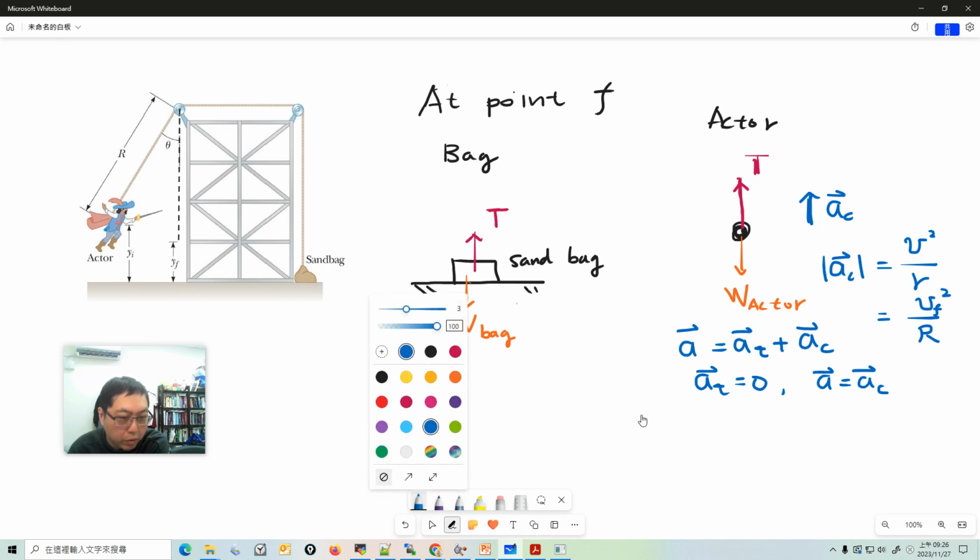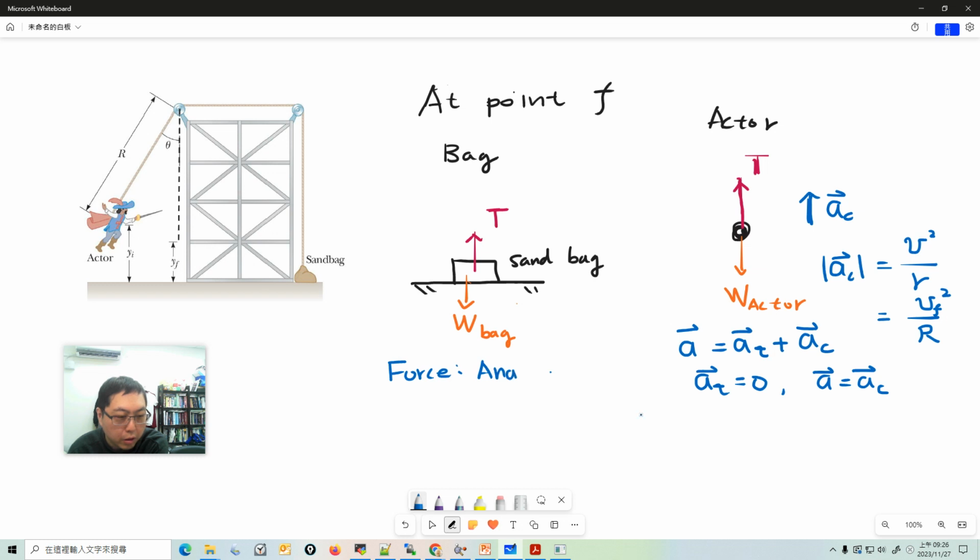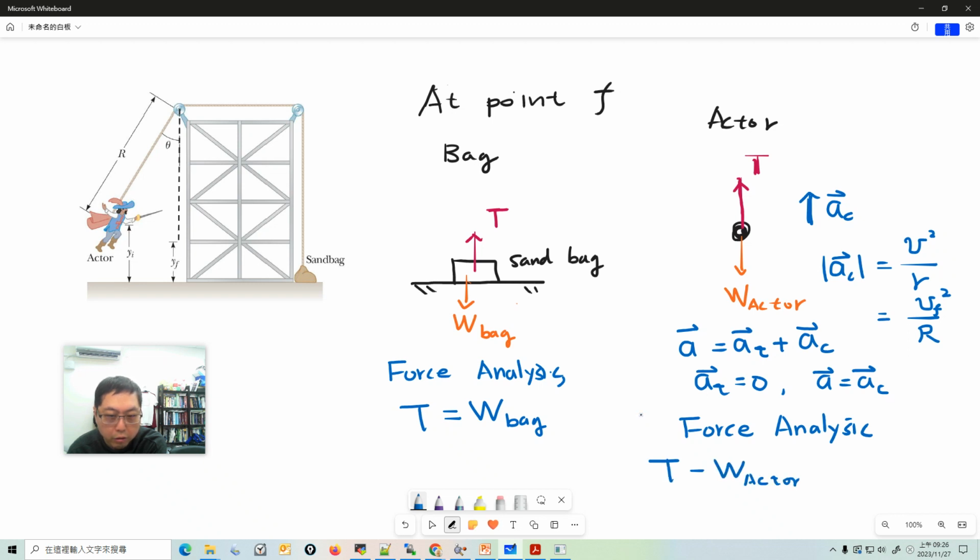let's do the force analysis. At this particular moment, the tension is equal to W bag. Then let's do the force analysis again for the actor. T points up, so T minus W actor equals M actor times the centripetal acceleration.